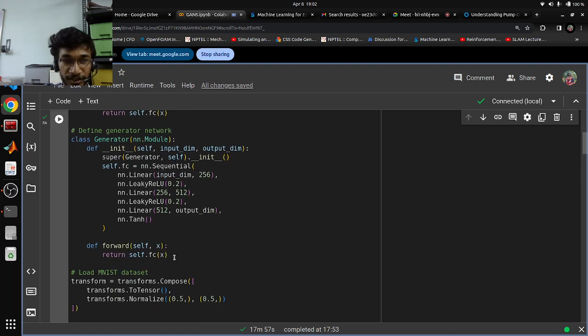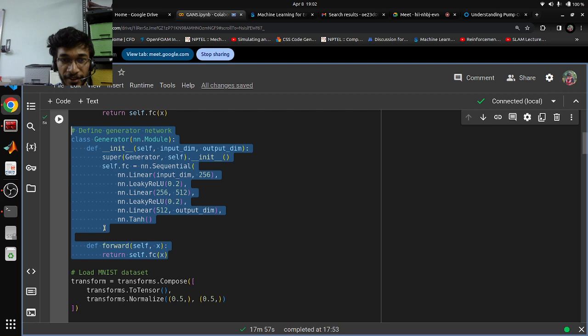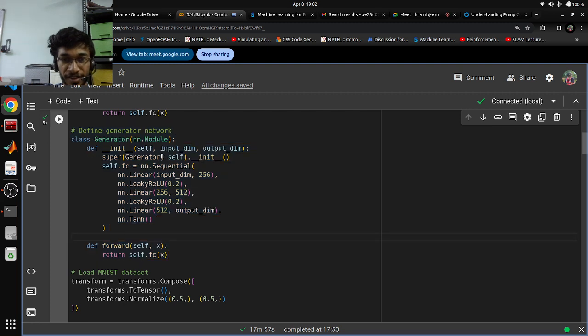Then we have the generator network, and the job of this thing is to take the noise, which is this input dimensional size, and convert that into an image, which is the output dimension size.